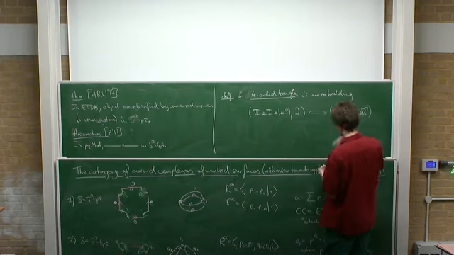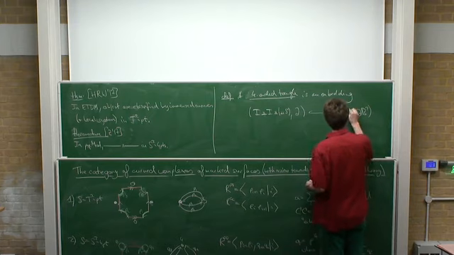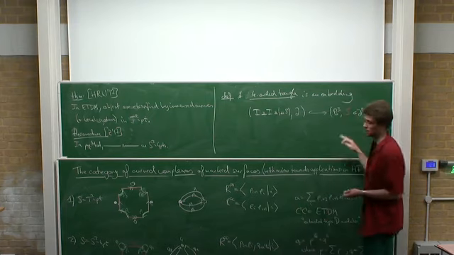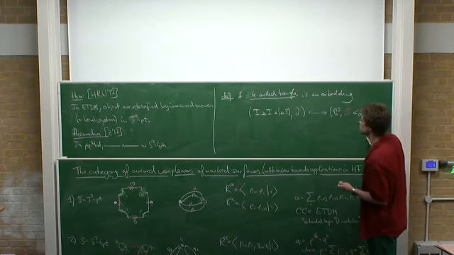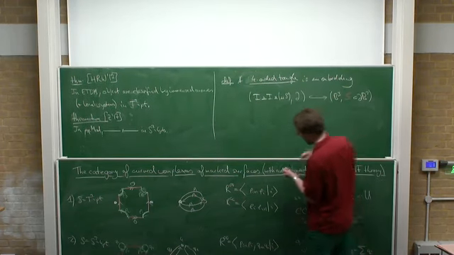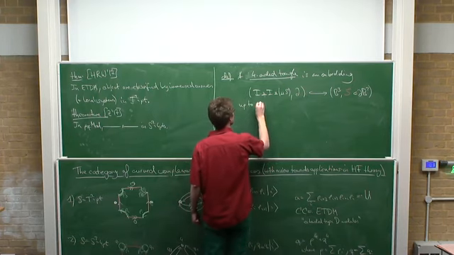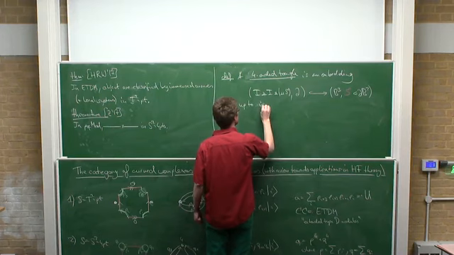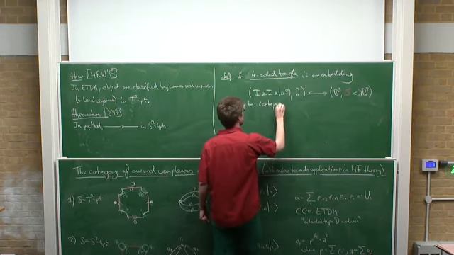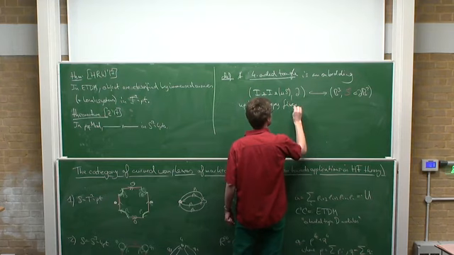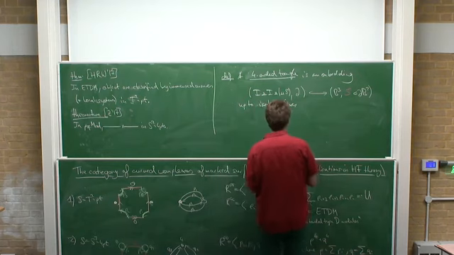However, it turns out to be useful to fix a circle as some kind of parameterization on that boundary. Okay, and then we consider these embeddings up to isotopy, which fixes this circle.